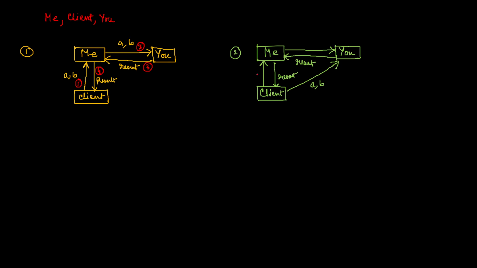Similarly, again 1, then 2, then 3, then 4. But remember one thing, this is not under any particular numbering, because this arrow in this direction is just showing that the data is given from the client to you directly, not via me.